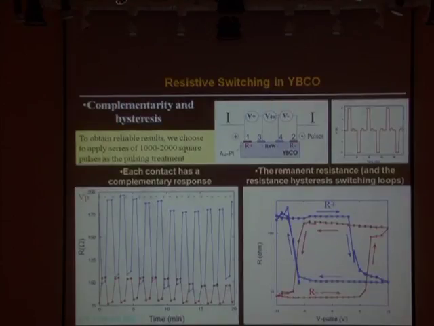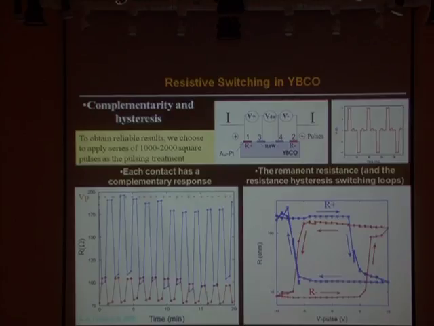With all these experiments, we knew that we have to apply a large number of pulses just to obtain a reliable result. So in general, we apply something like 1,000 or 2,000 pulses.